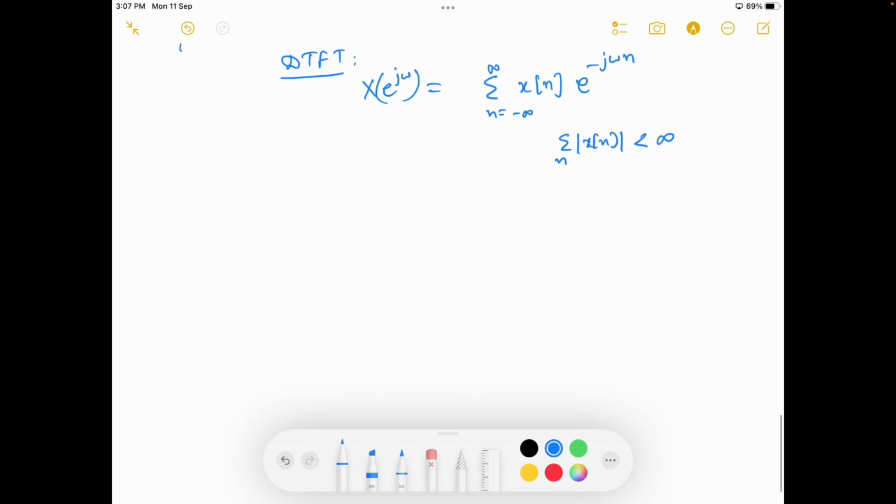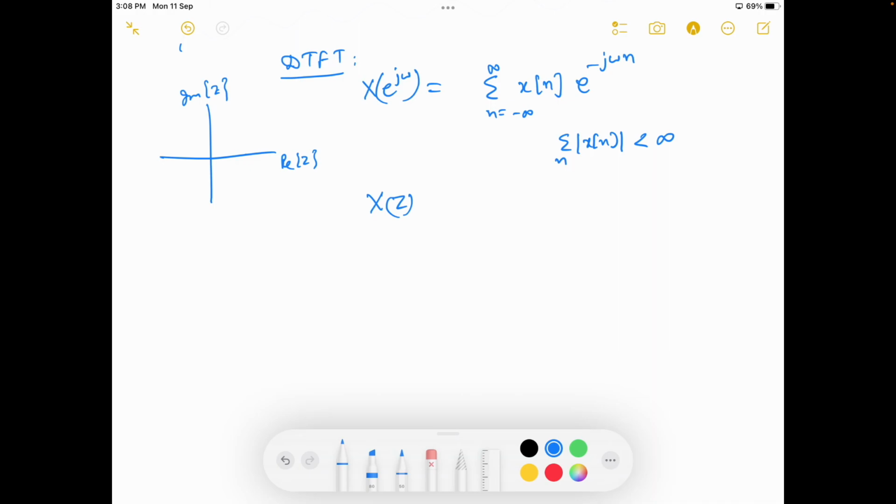Therefore, we define something called a Z-transform. The observation is, what is e to the power j omega? On the complex plane, say I have the real part of Z and the imaginary part of Z. So what is e to the power j omega?